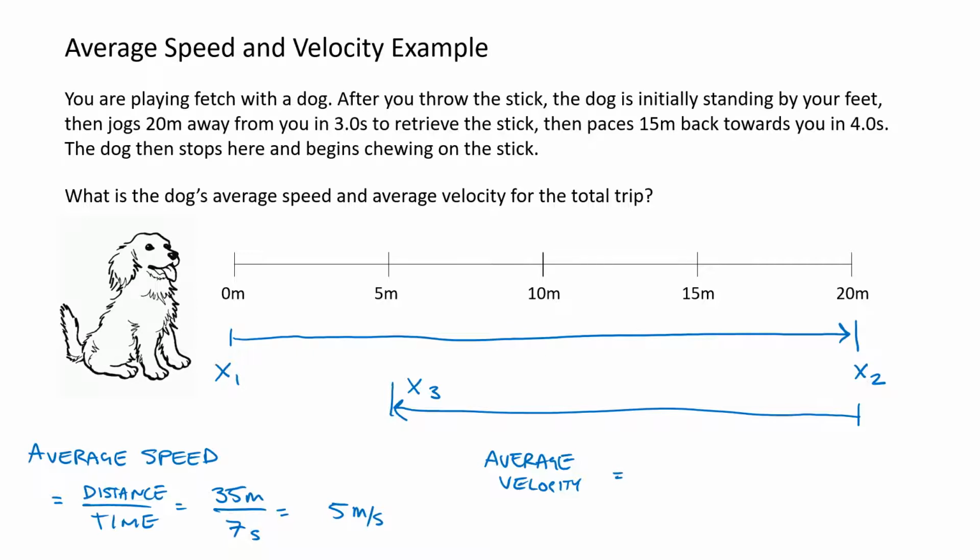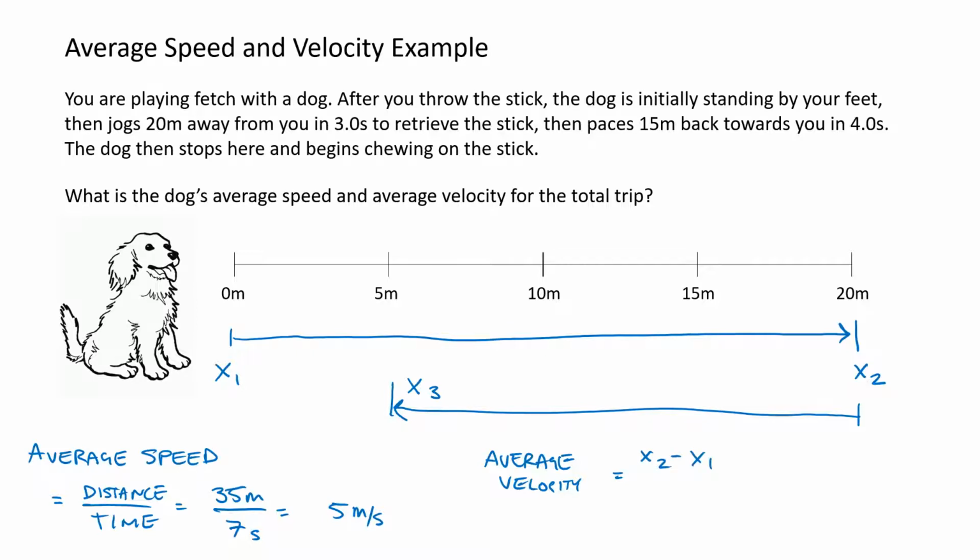That is something a bit different. We need to consider where it starts and where it stops. So just like from the whole experiment. So right when you say go to right when we say stop. So right when the dog stops. So we need to do x2 minus x1.